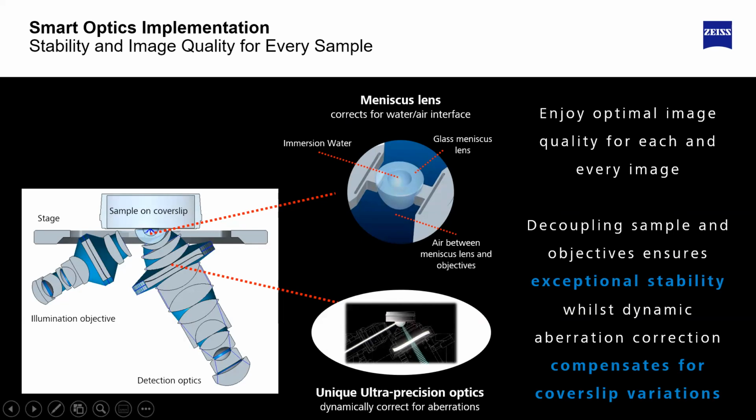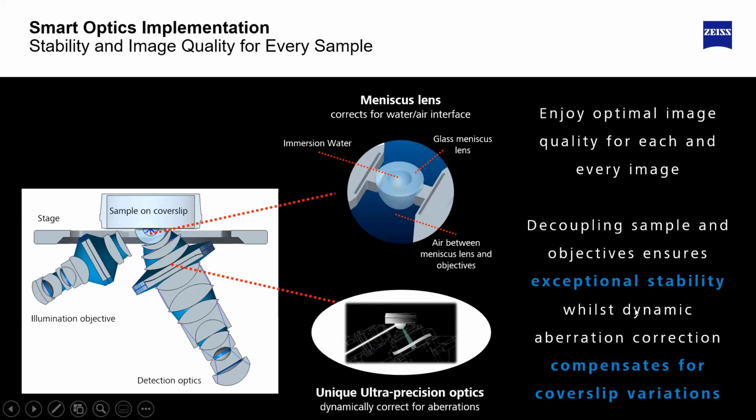And this allows us to use water immersion, which is important because the vast majority of our live imaging experiments are going to be done in water immersion. We need to match that refractive index. So this is a really key innovation, this meniscus lens itself, because one, it allows for thermal isolation of our sample, and it also improves stability and refractive index matching for the optics of this system.